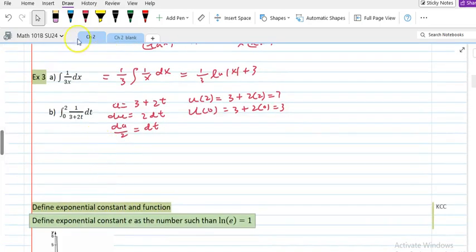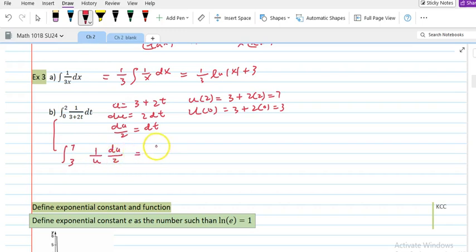That would equal, now changed into 7 and 3, dt is du over 2, so du over 2, and in front it will be 1 over u.